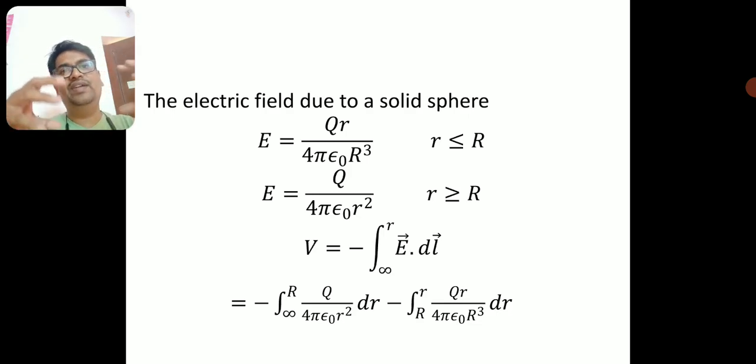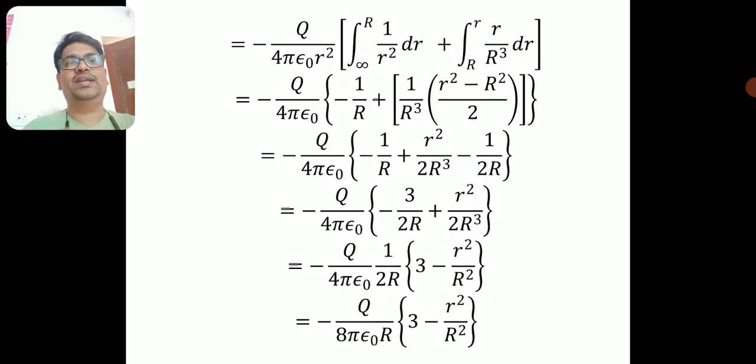The electric field is different for two different cases, so for two different integrals I have two different equations of electric field, and I substitute them. After that it is a simple integration and numerical rearrangement, and simple simplification of those equations gives us the potential at some point P inside a charged sphere.